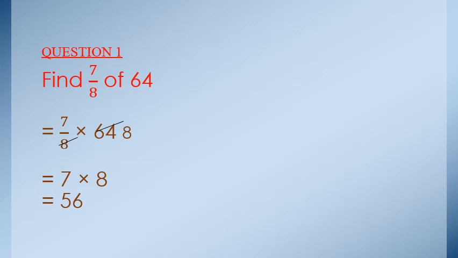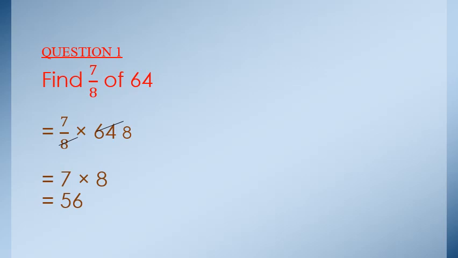Now the first question, find 7 upon 8 of 64. 7 upon 8. Of means multiply, so we have written multiply sign instead of "of", and then 64 as it is. Now here the very important point to be noticed is, in order to reduce the fractions, always remember only numerator and denominator can be reduced with each other.